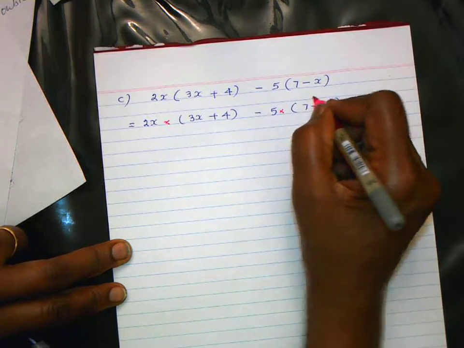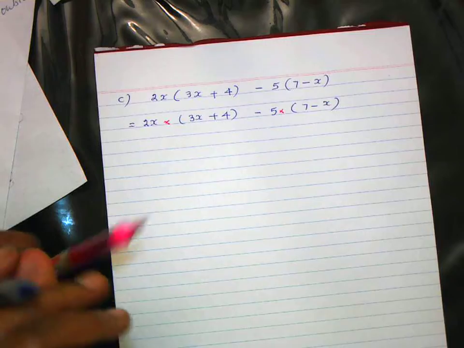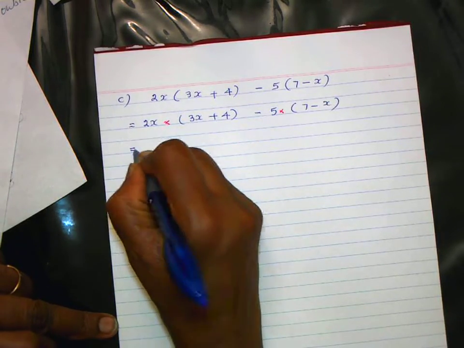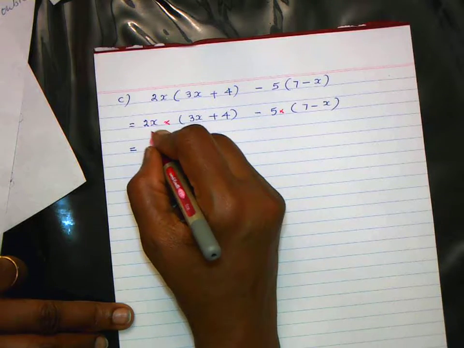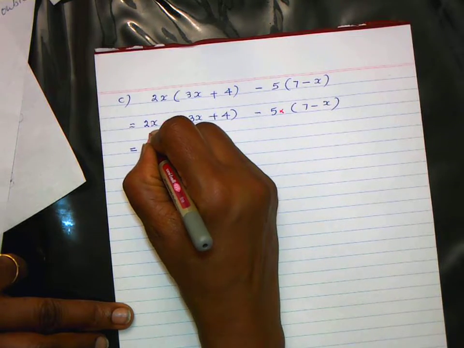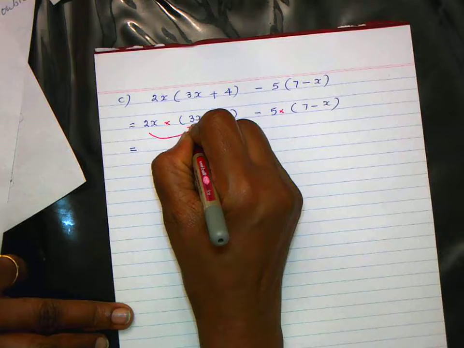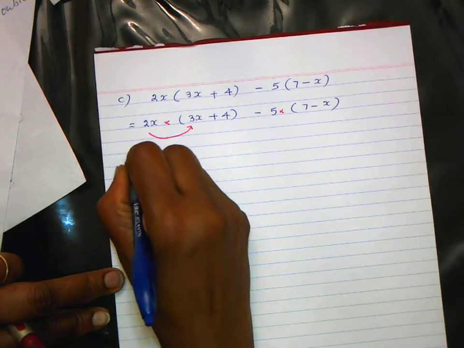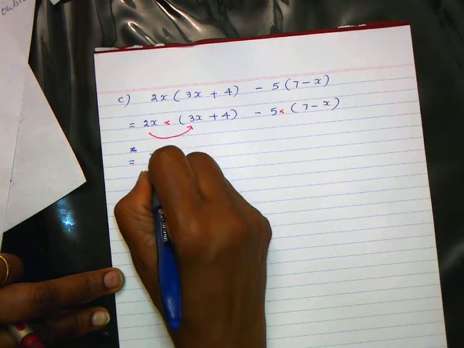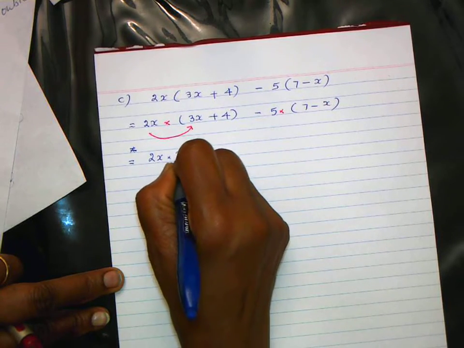And then the next line, we know we have to multiply 2x by each term inside the bracket. So first is this, and I'm going to write the next line. 2x times 3x.